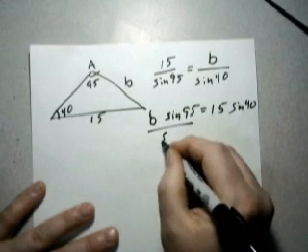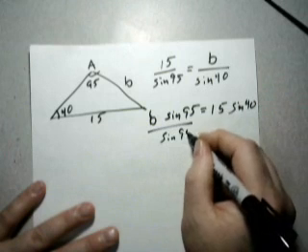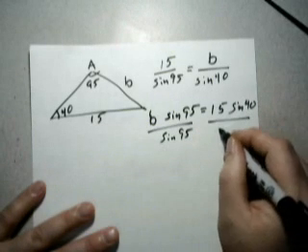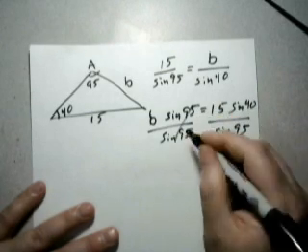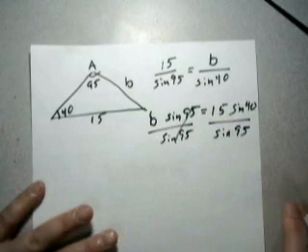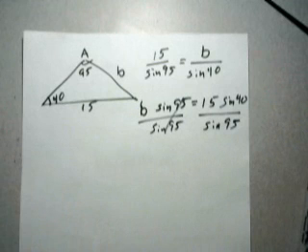Divide both sides by the sine of 95. And I've got B is equal to 15 times the sine of 40. So 15 sine 40 in the numerator. Then the denominator is sine of 95.